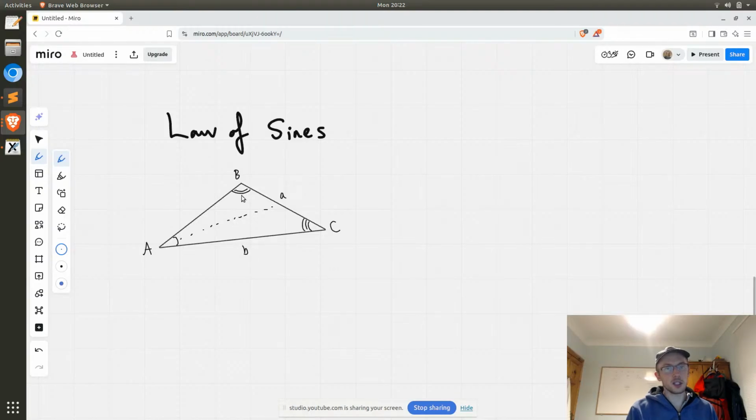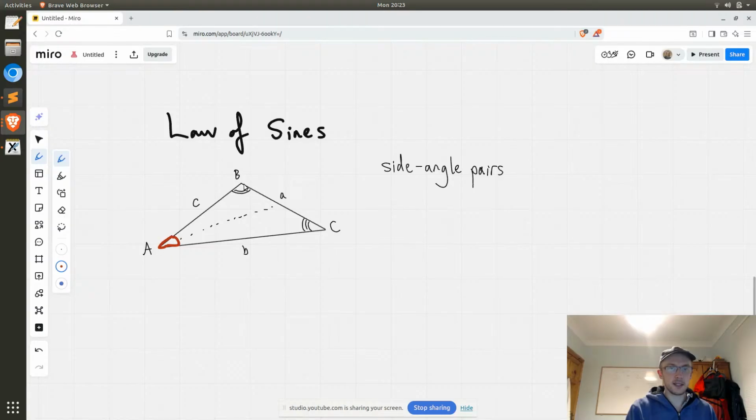So this side here should be called little b, and little b shall also stand for its length, and this side here should be called little c, and little c will also stand for its length. These are called side angle pairs. I will just point out one of them so that it's clear.